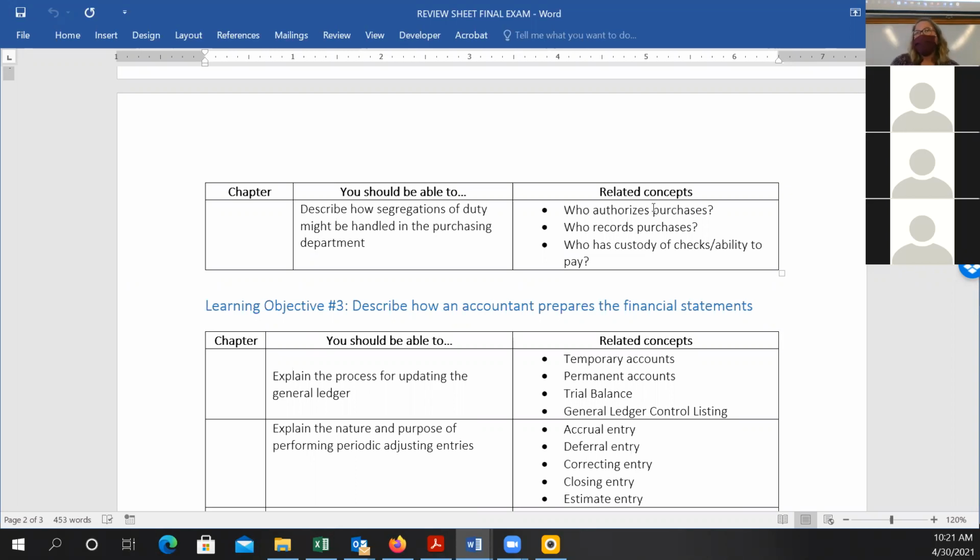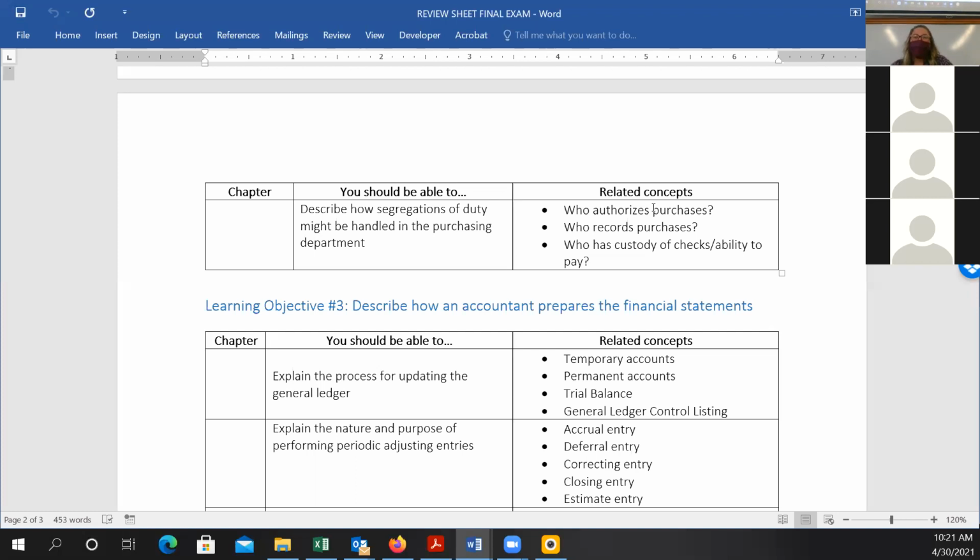Do you remember who that was? Which function of an organization authorizes the purchase of goods or services? Yeah, exactly, the purchasing department.